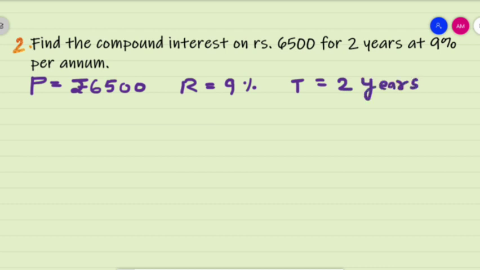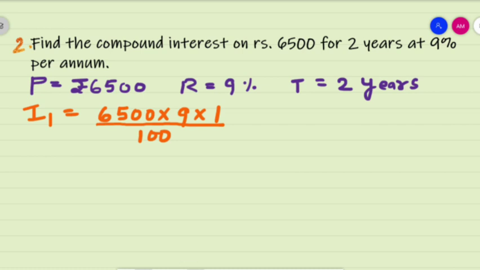Now let us start doing the question, and we will first find our interest for the first year. Interest for the first year will be calculated with the formula P into R into T by 100. Here the principal amount is 6500, your rate is 9% and your time is 1 year, divided by 100.